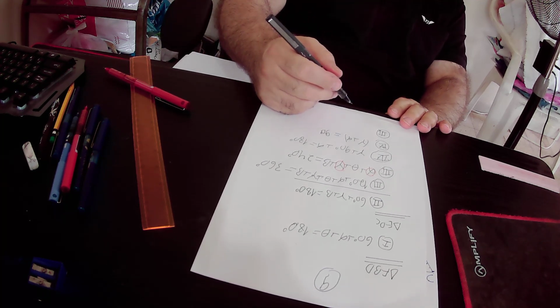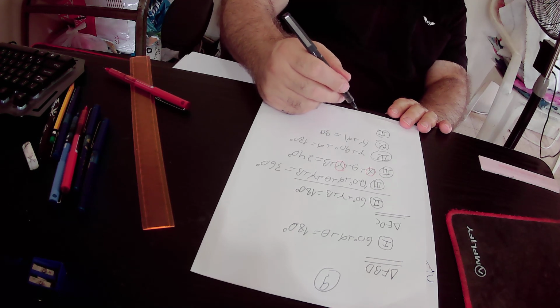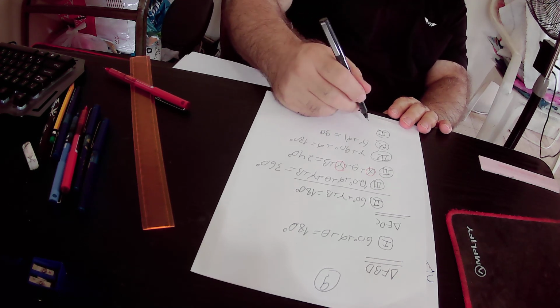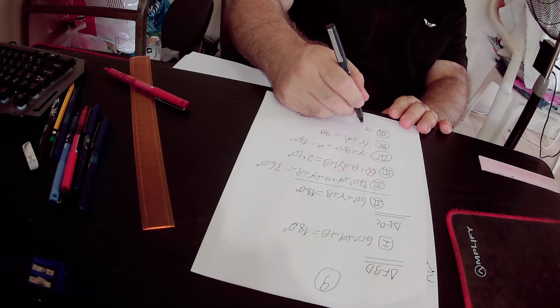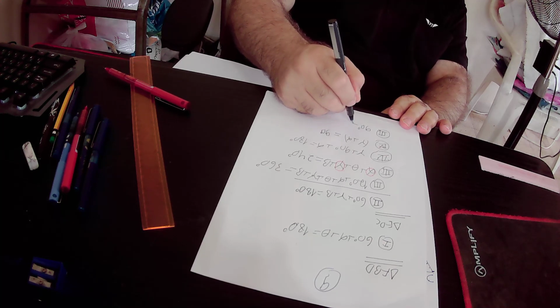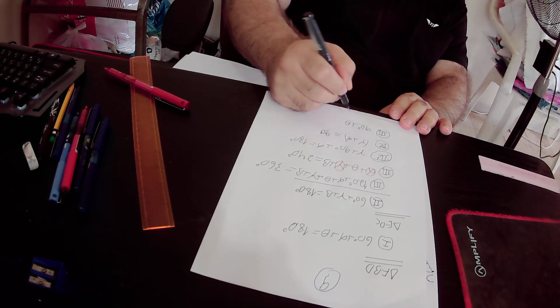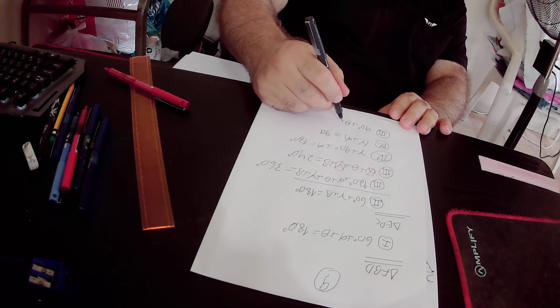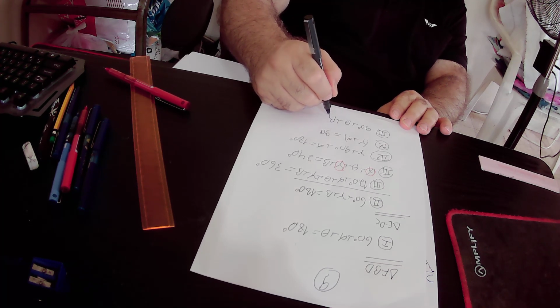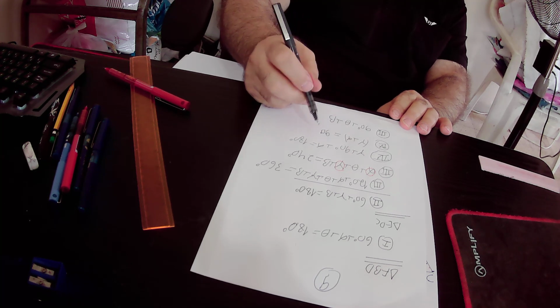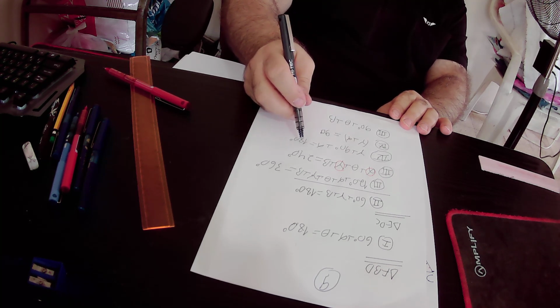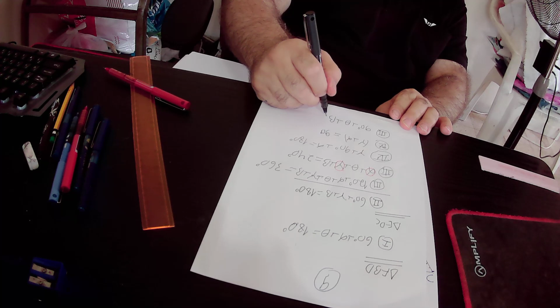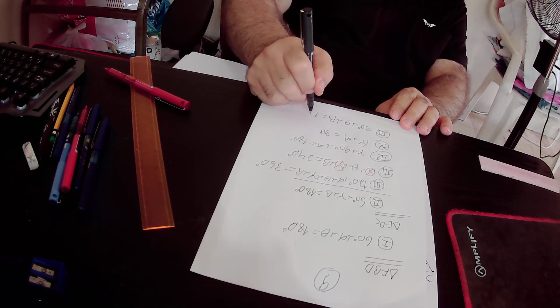So we will get that 90 degrees plus theta plus beta, 240 degrees minus 90 degrees is 150 degrees.